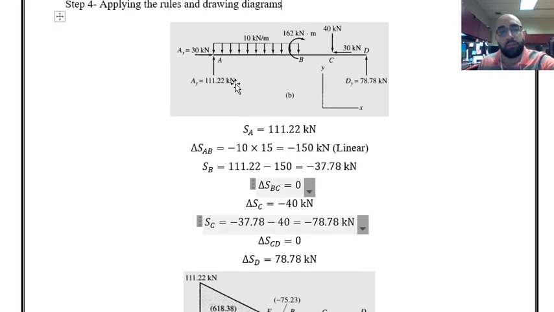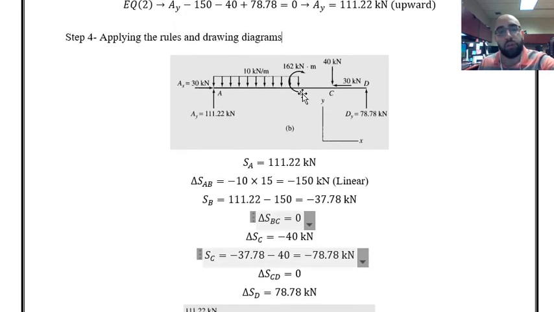So that was from point A to point B. Now at point B, we have just a couple or a bending moment at this specific point, which has nothing to do with the shear force. So shear from point B to point C is going to be the same as whatever we had in point B. There is no loading.